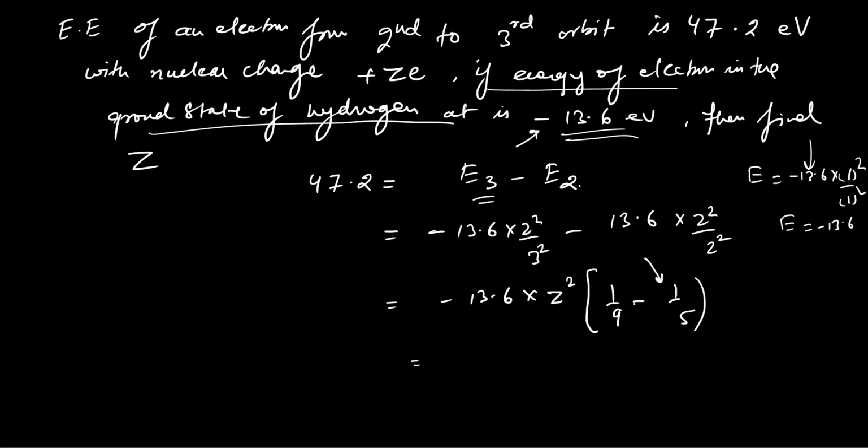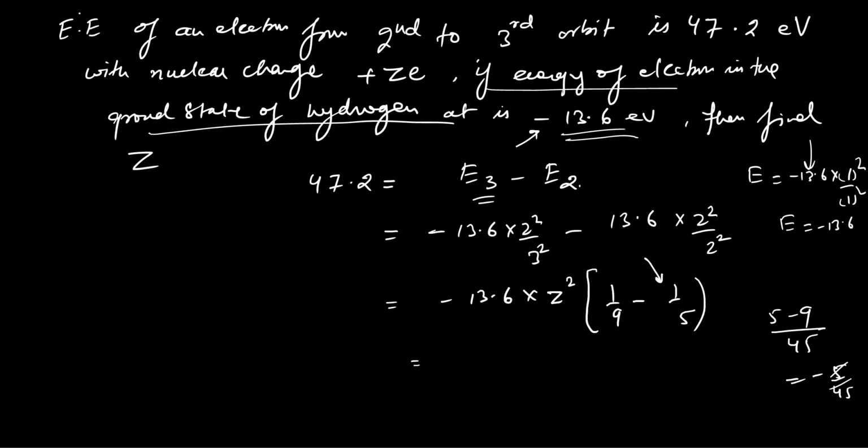So when you get this value, you will get the positive sign. The LCM is 36, so you will get 4 here and 9 here, and you get minus 5 by 36.